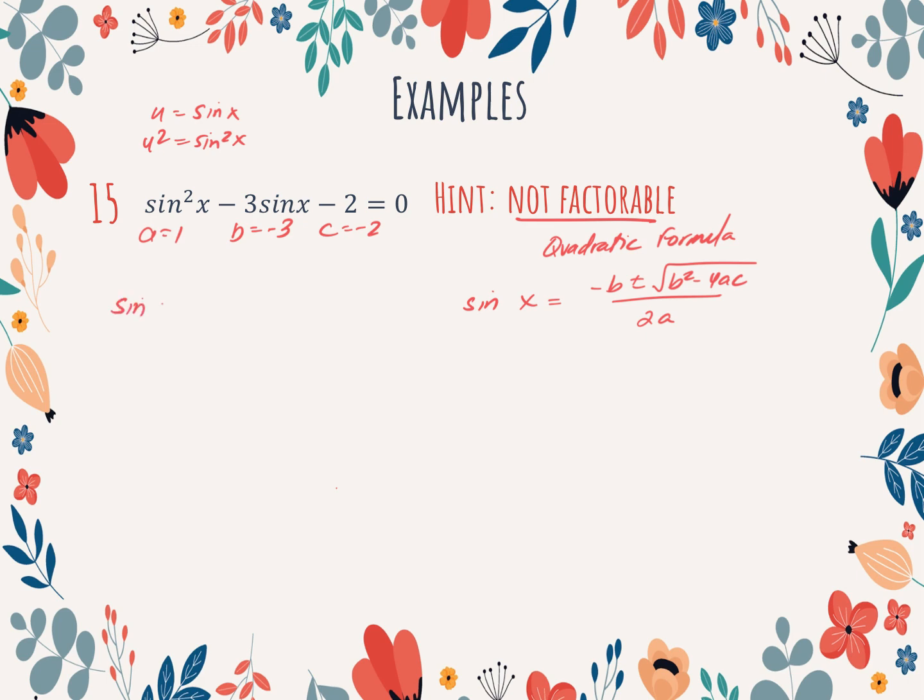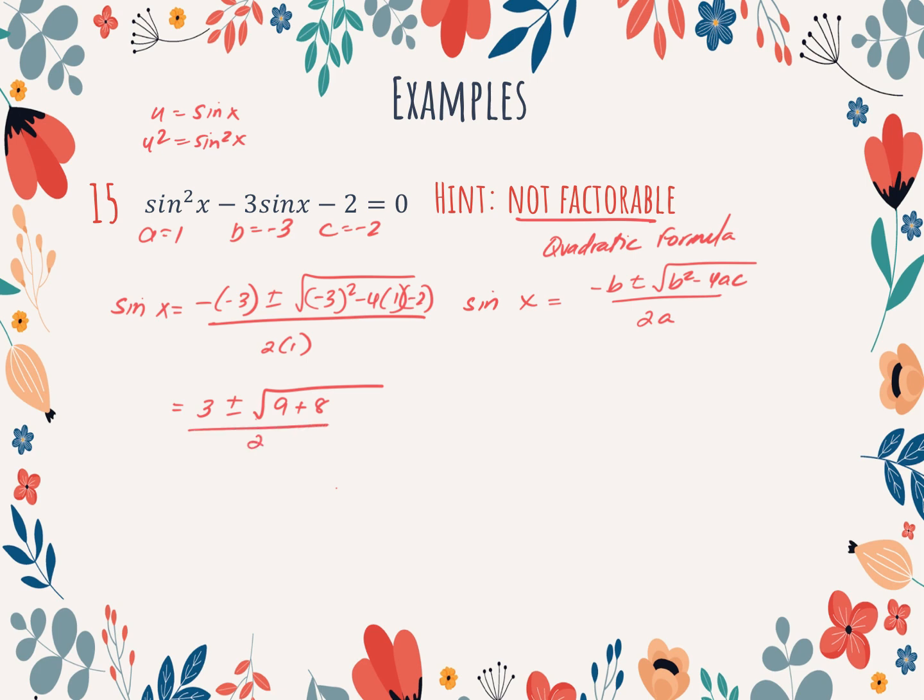So the sine of x equals the opposite of negative 3 plus or minus the square root of negative 3 squared minus 4 times a times c all over 2 times a. So we come here, we get 3 plus or minus the square root of 9 plus 8 all over 2. And we come over here, 3 plus or minus square root of 17 over 2.